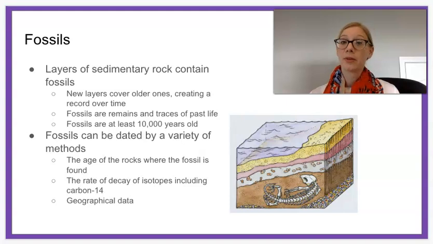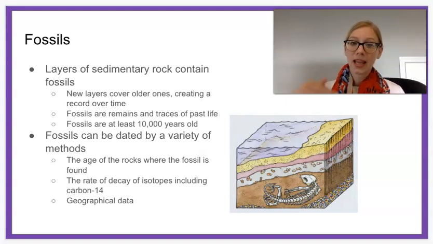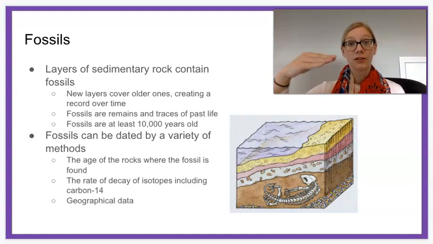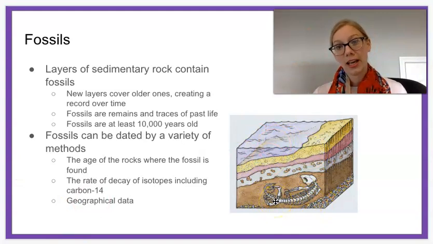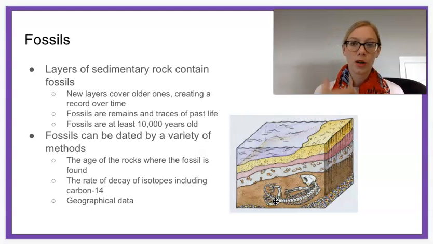Layers of sedimentary rock contain what we call fossils, which are the remains or traces of past life. To classify as a fossil, technically you have to be 10,000 years old. New layers will cover old layers, so at the top is the most recent, and lower down is older. Within those, we see fossils of what were once living organisms.